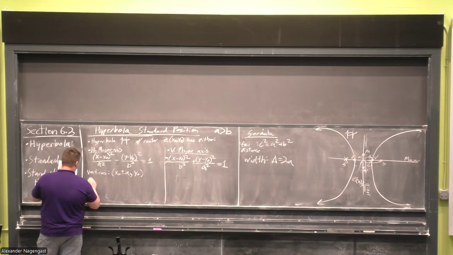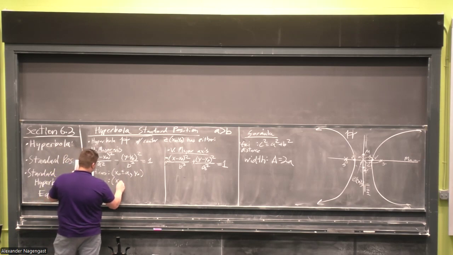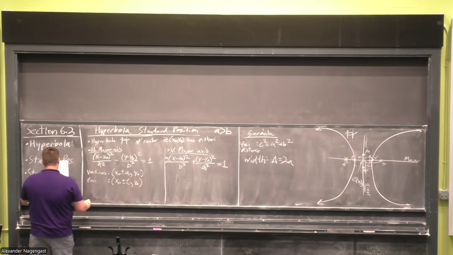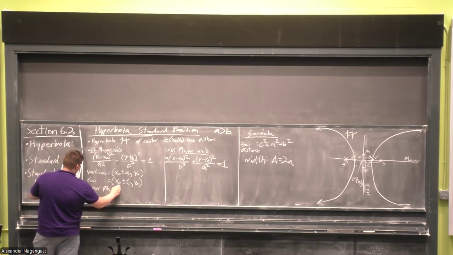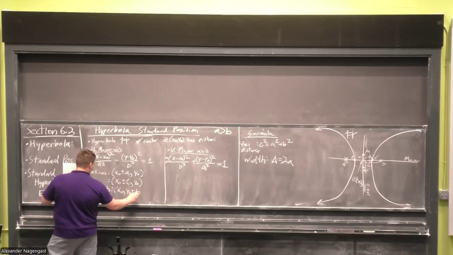Our foci are at x naught plus or minus c, y naught. Our minor points are at x naught, y naught plus or minus b.